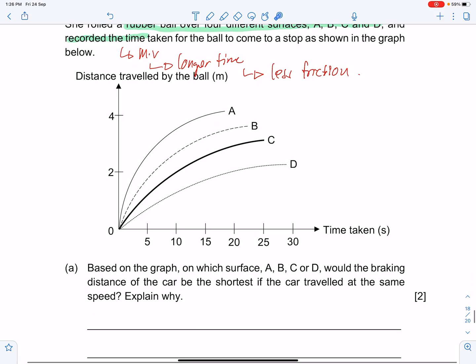So therefore, if you look at the graph again for D, because it actually took the longest time to come to a stop, as well as the shortest distance, it means it's the slowest, it means that the amount of friction was the greatest.